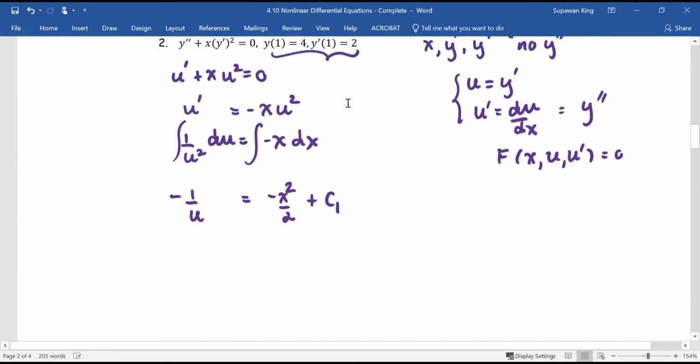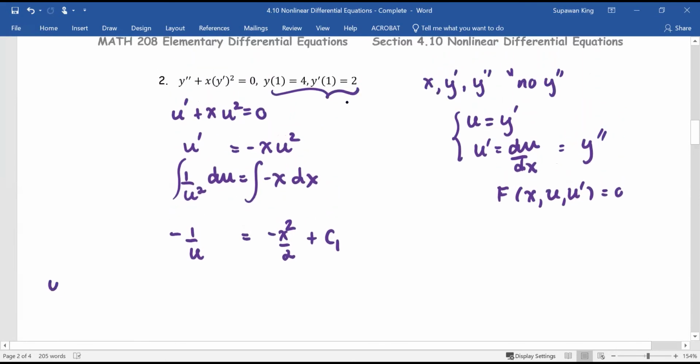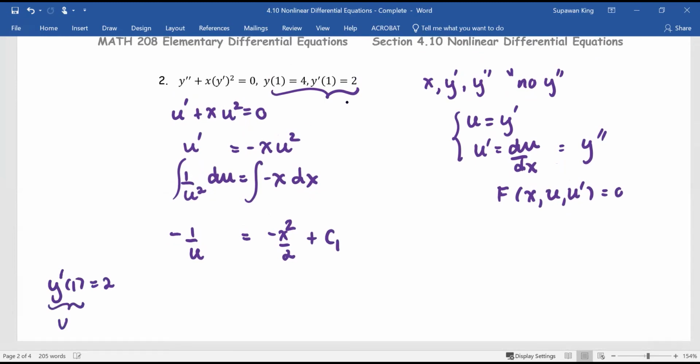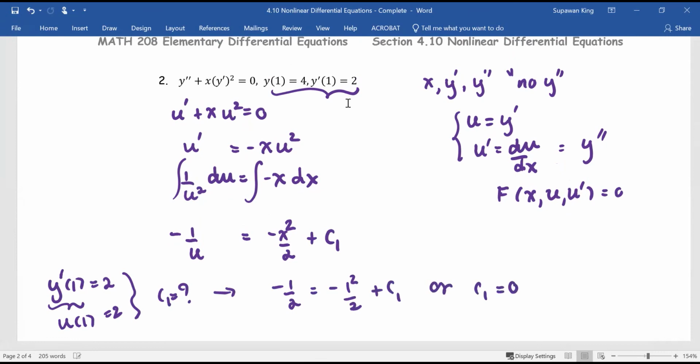With the initial condition y prime at 1 equals 2, which is the same as u at 1 equals 2, we replace it to find C1. So then we get negative 1 over 2 equals negative 1 squared over 2 plus C1, or C1 equals 0.